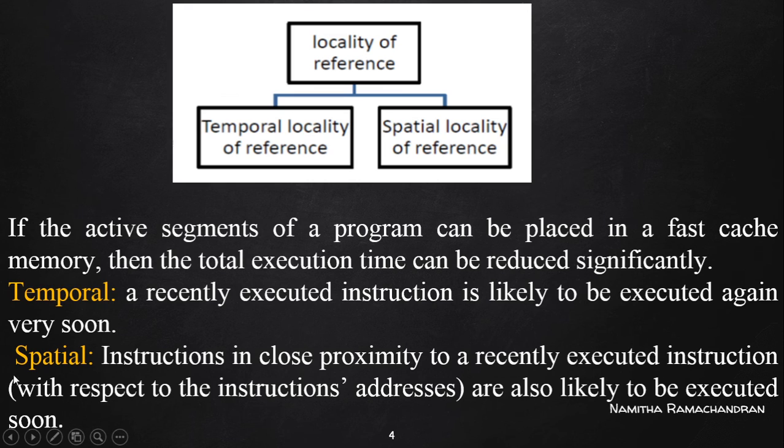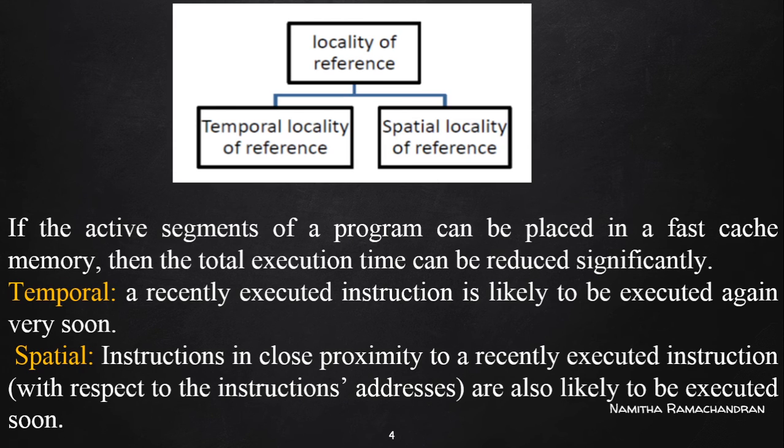That property is represented using the spatial reference. Based on these temporal and spatial references, we can define a particular active segment of a program code. If that active segment is present in our fast cache memory, then we can increase the speed of memory access operation.